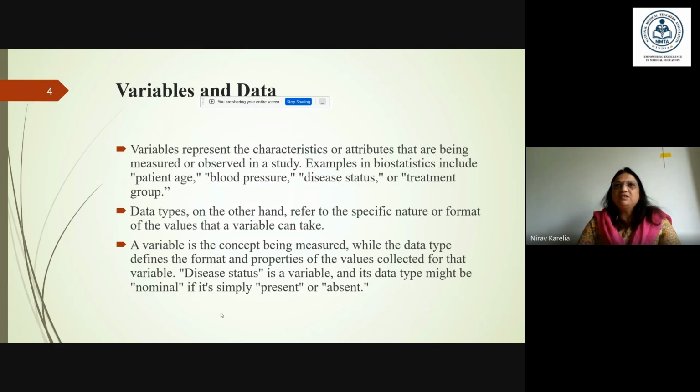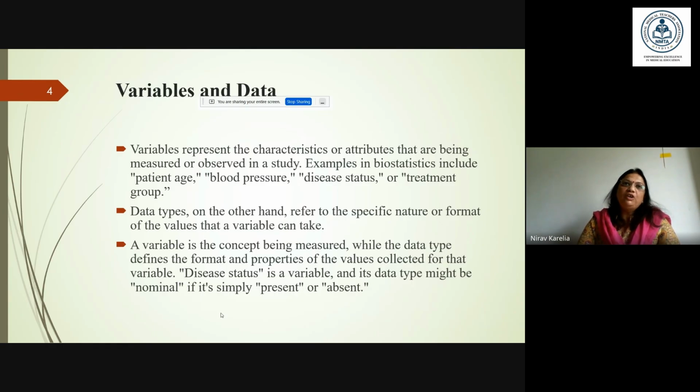Disease status is my variable, but I ask the patient whether you have a disease, yes or no. So yes and no is my data type. Then I can categorize the disease status as mild, moderate, and severe.